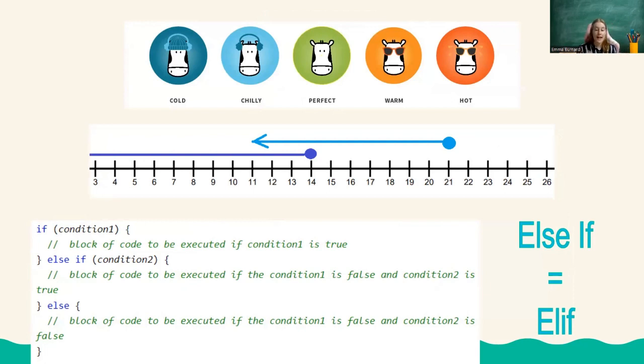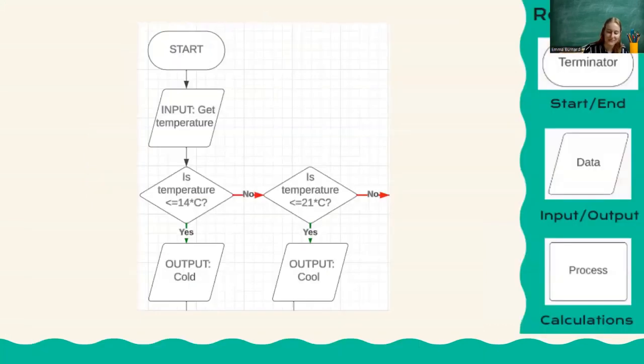We can call this else if, because we know we have more questions ahead, but we are still asking if something is true or not. Sometimes people and programming languages shorten else if into just elif, just to confuse everybody. It's great. So this is what our program flowchart looks like right now, with our if statement followed by an else if, where the temperature is not within the first checkpoint.